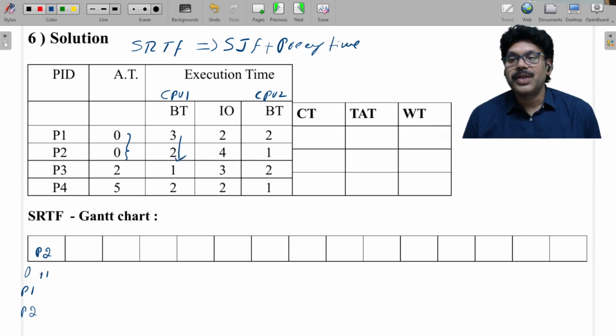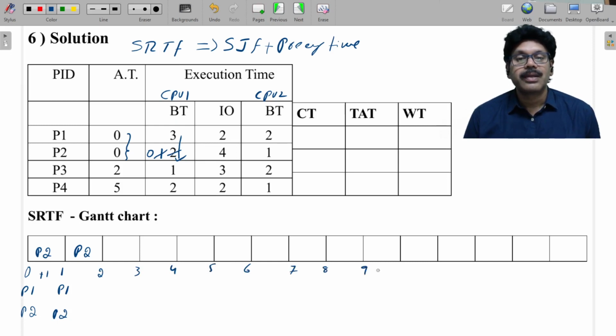So balance is 1. Now still P1 and P2, no other process has come. Among P1 and P2, which is shorter? P2 only. So P2 is executed. Now P2 begins IO, 4 units. 3, 4, 5, 6, 7, 8, 9, 10.